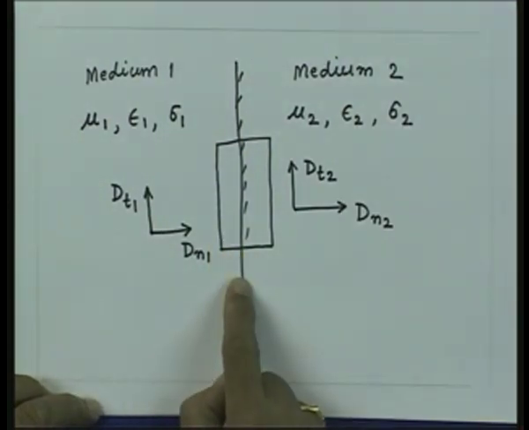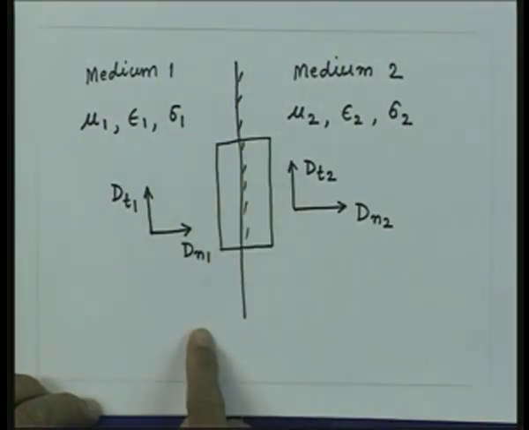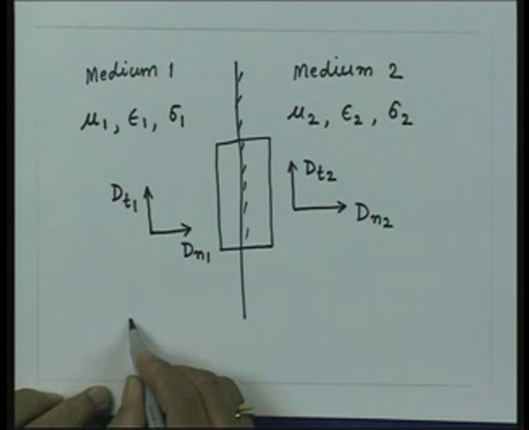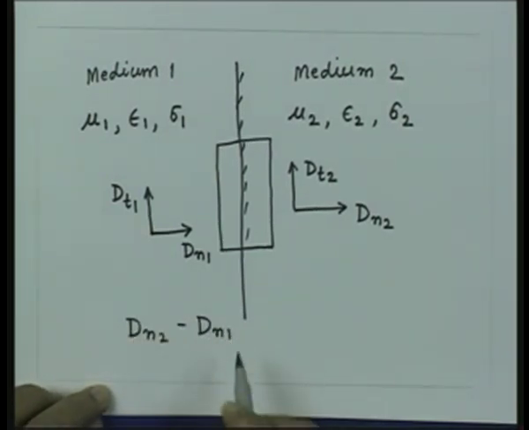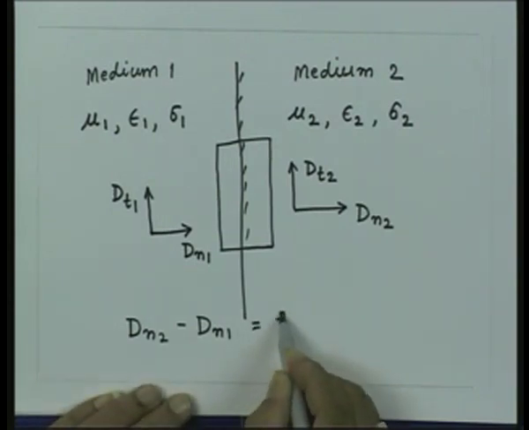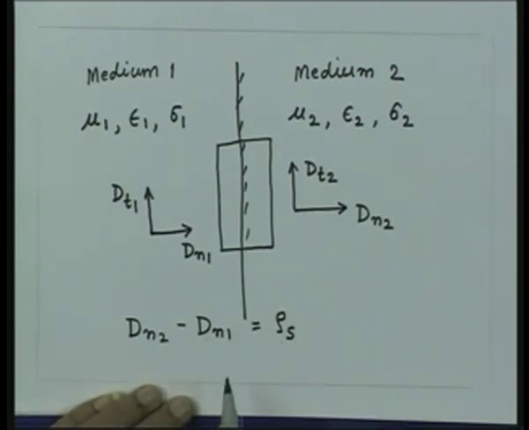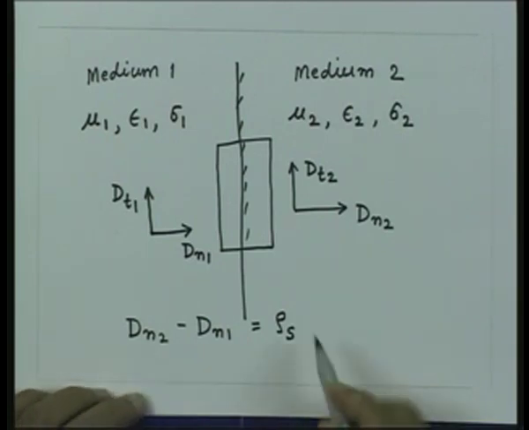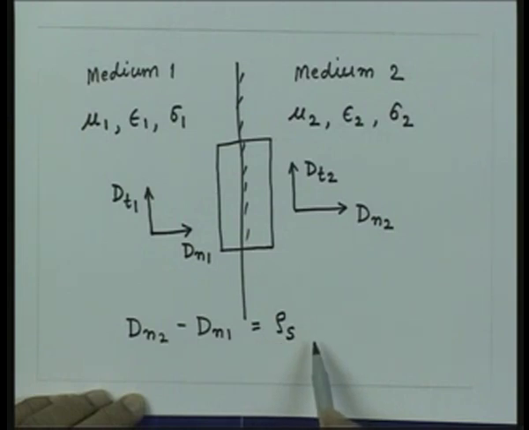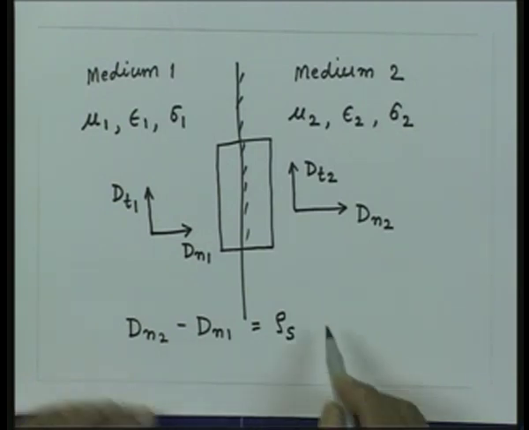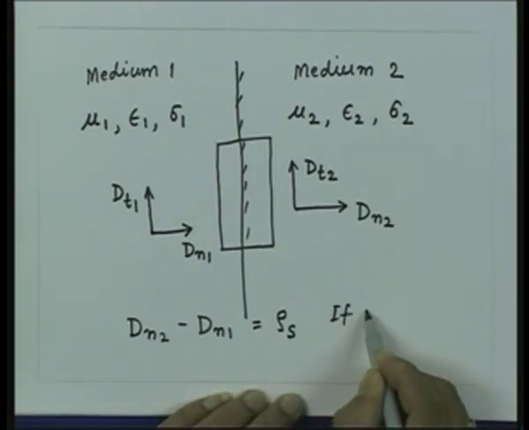So from the Gauss law, we get that D_N2 minus D_N1 is equal to the surface charge density. But if there is no surface charge, then this quantity should be equal to 0, and in that case D_N2 should be equal to D_N1. So this is if surface charge is present.